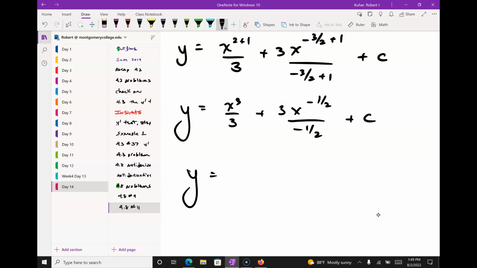So I get x cubed over 3 minus 6 over square root of x plus c. Make sure you agree with me there.